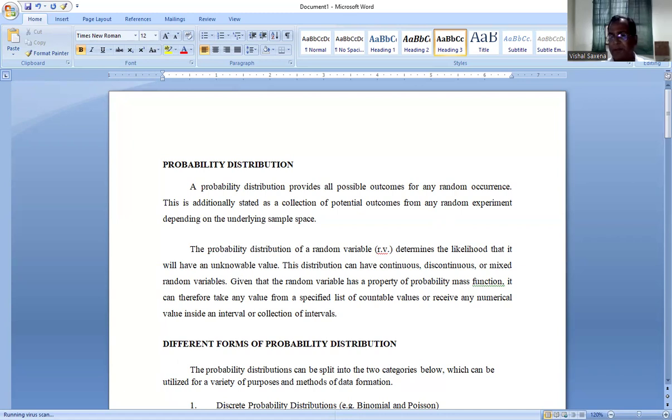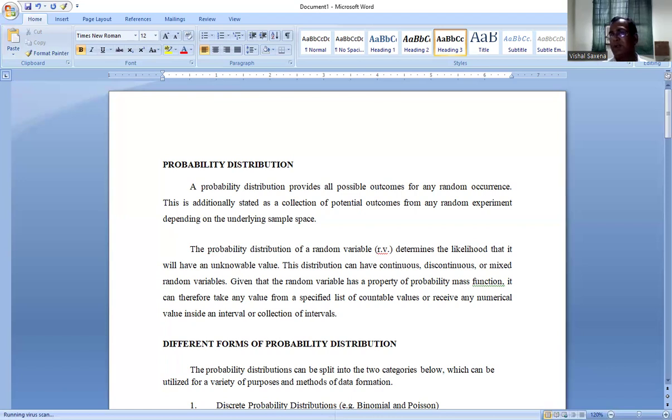For the discrete probability distribution, we will find the probability mass function, given by a formula.